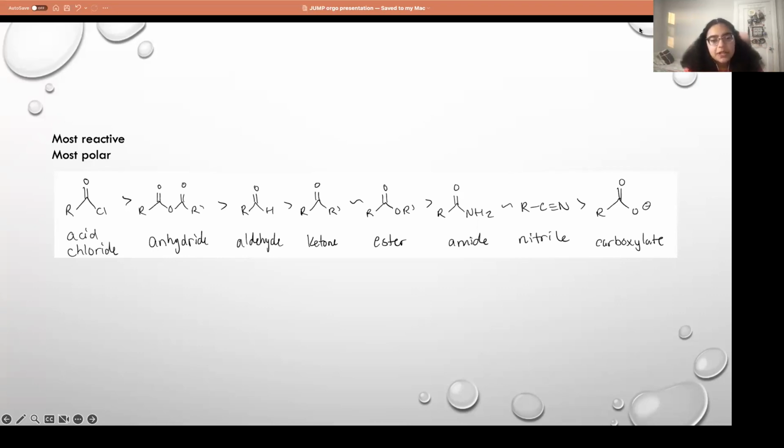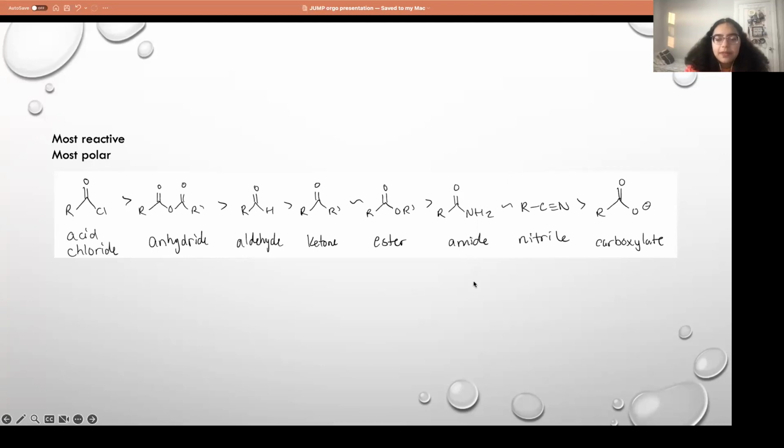Aldehydes and ketones, as we talked about, aldehydes are actually a little more reactive than ketones, partly because they're less sterically hindered; you have the hydrogen instead of another group. Ketones and esters are about similar reactivity, so instead of a greater than, it's approximately equal. An ester is R, then the carbon double bonded to an O, and single bonded to another O with another R group.